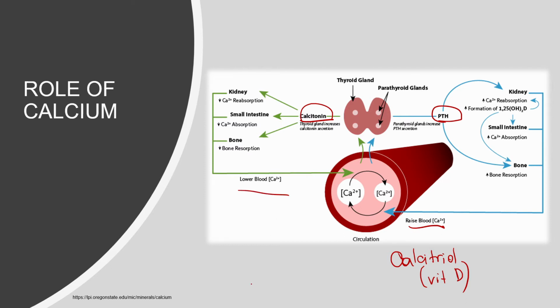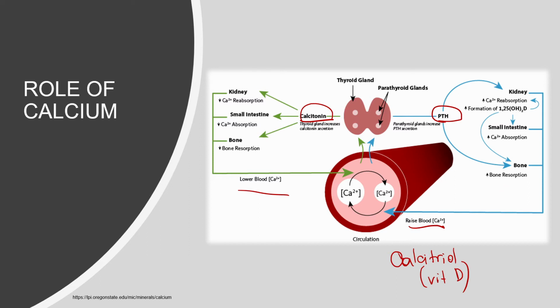Let's take a look. What do they do? If we take the PTH, parathyroid hormone, it actually goes to kidneys and increases the calcium reabsorption. It goes to small intestine, it increases the calcium absorption, and it goes to bones, and it increases bone resorption. So it's not good for bones.